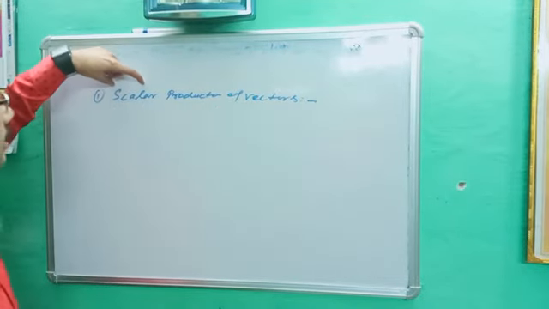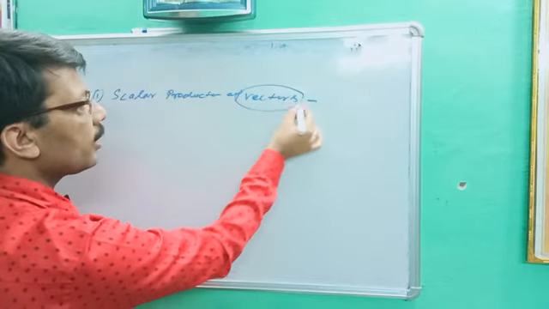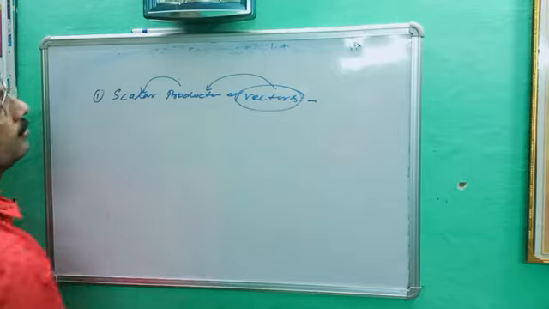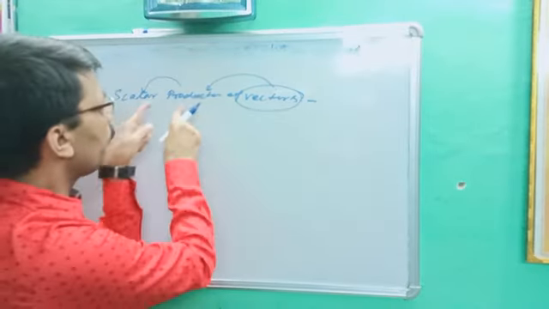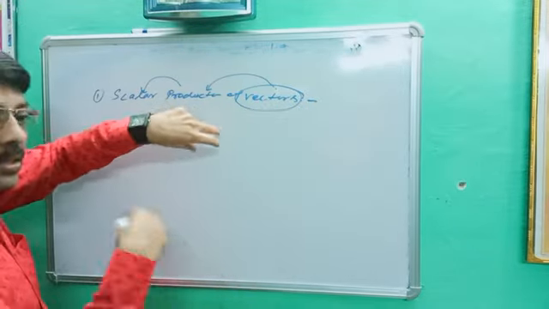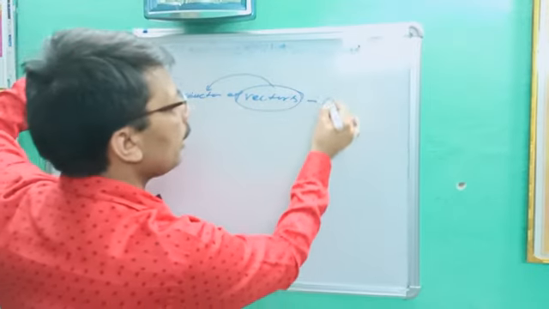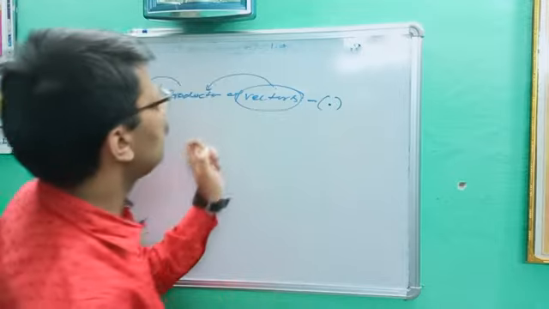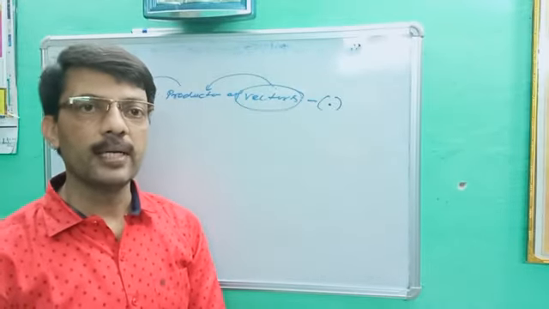If two vector quantities are multiplied and it converts into a scalar, note down the point. If we multiply two vectors, as written, product of vectors, and the result we get is a scalar, this is called the scalar product of vectors, and it is also known as dot product. If we put a dot, it means this is called the scalar product of vectors. Are you getting the point?